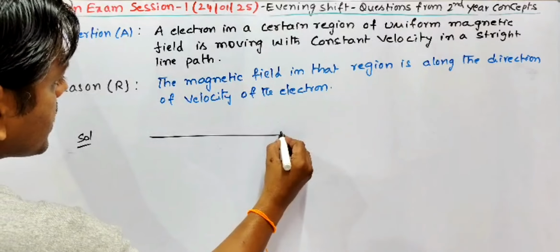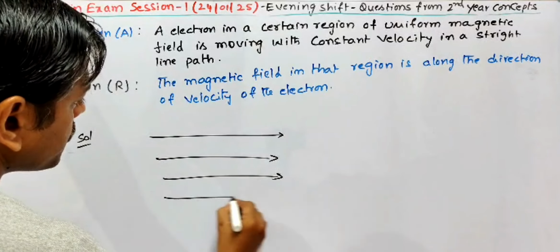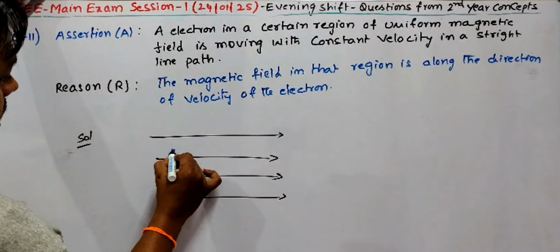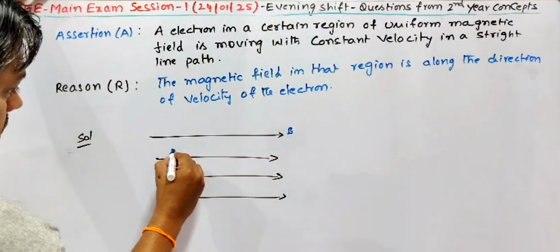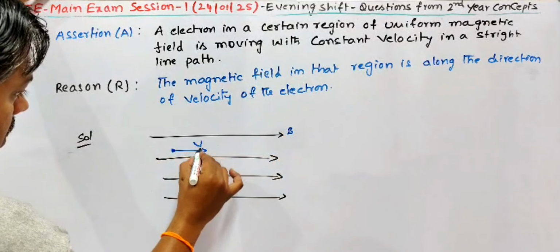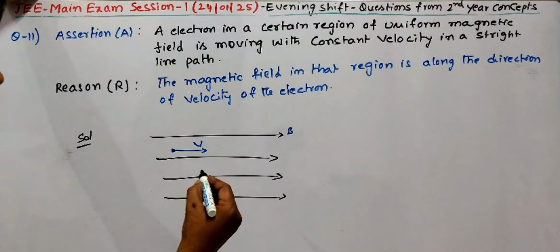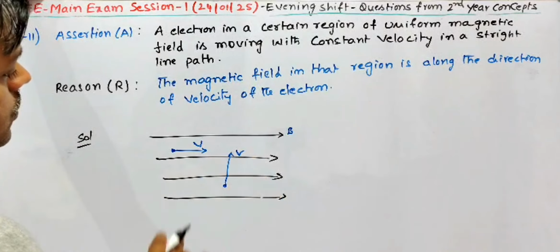So this is a uniform magnetic field. In this uniform magnetic field, an electron is moving in a straight line path. Suppose this is a magnetic field. An electron is moving in this magnetic field with constant velocity. You may define it this way or that way, no problem.